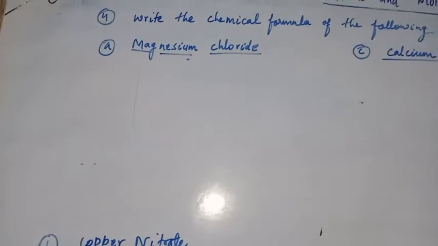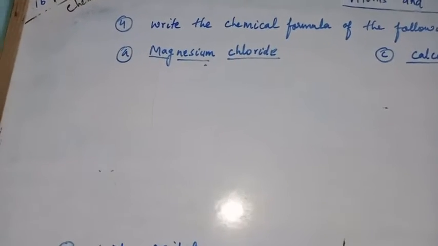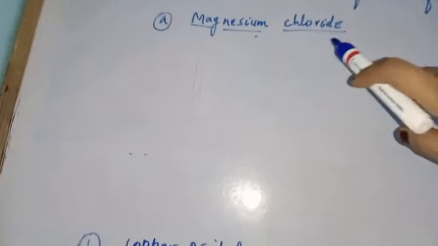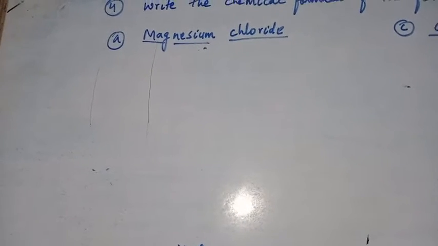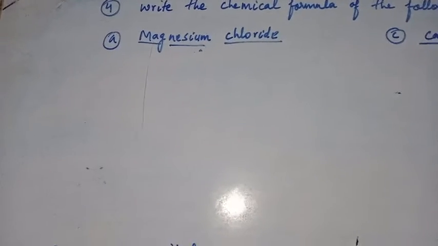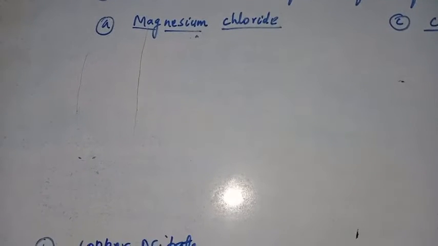Okay, so first we will see magnesium chloride. The combining elements in magnesium chloride are magnesium and chlorine, and before going for the criss-cross method we should have knowledge about the ions and the net charge acquired by different ions.